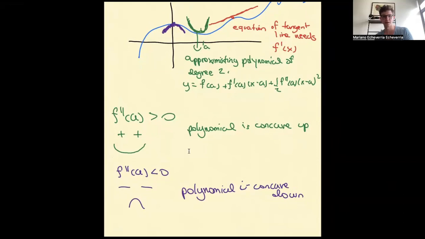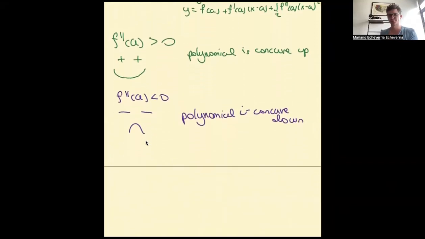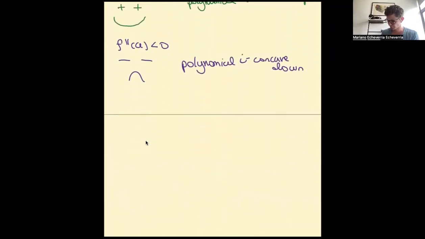So the interpretation of the first derivative is that it has to do with the slope of the tangent line. It is the slope of the tangent line.